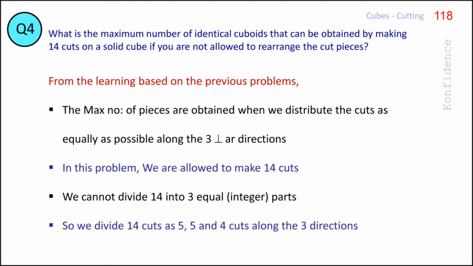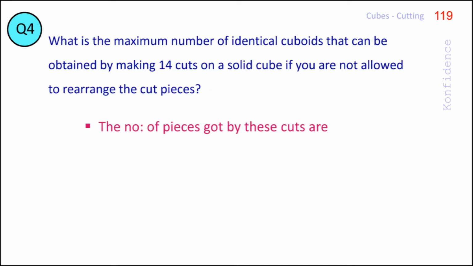The best possible equitable distribution of 14 along three directions would be as 5, 5 and 4. We know that n cuts along a direction would yield n plus 1 pieces. So the 5, 5 and 4 cuts would give 6, 6 and 5 pieces.